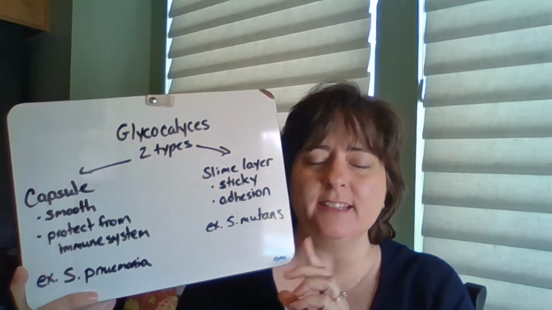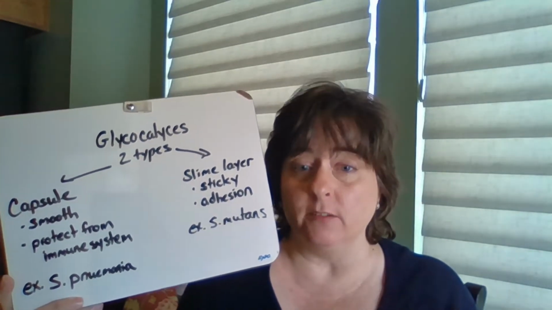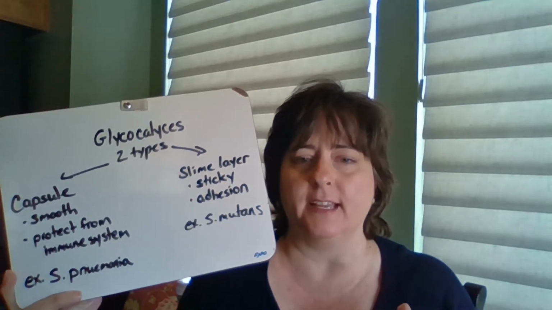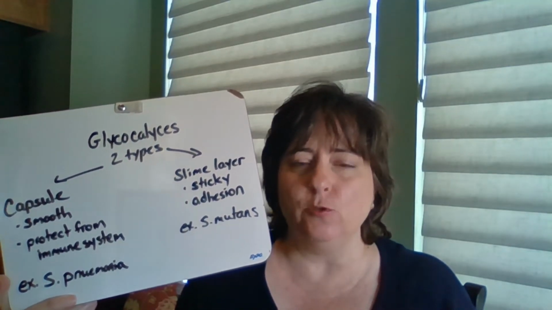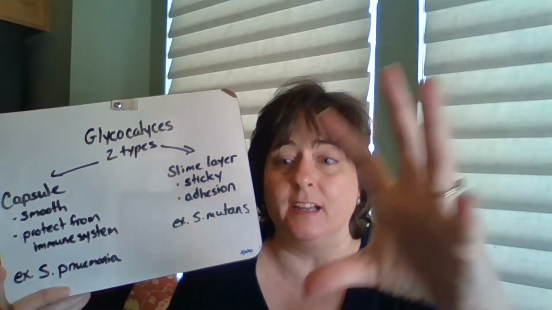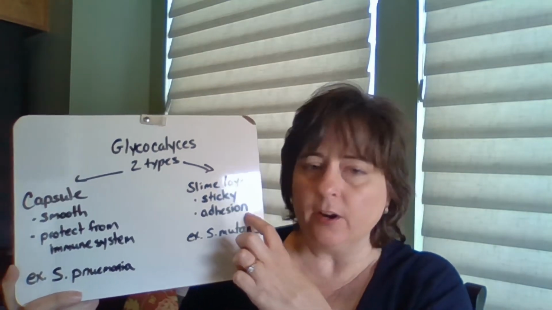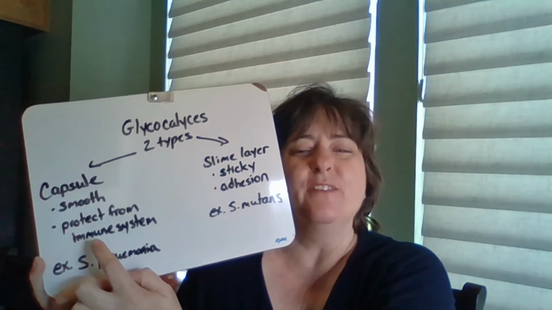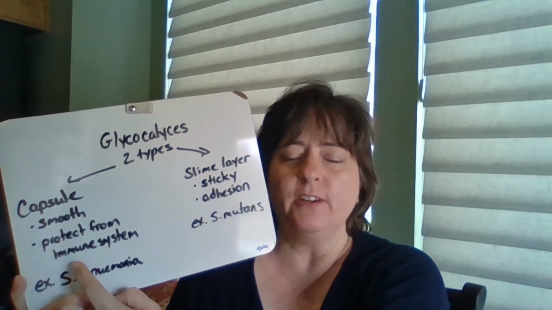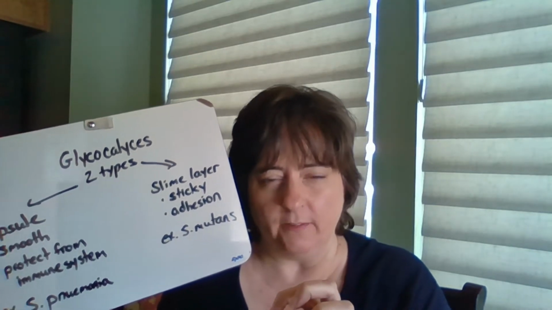And it has an additional function in that it can protect a cell from digestion by the immune system. Those phagocytic cells, like the macrophages, whose job it is to get rid of foreign invaders, have to come into those foreign invaders and gobble them up. If a bacteria has this capsule glycocalyx, which is very smooth, it makes it very difficult for the phagocyte to grab hold of it.